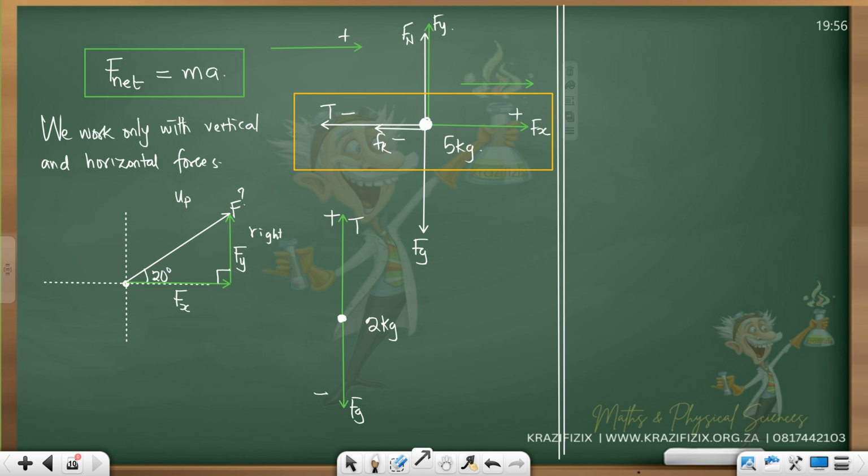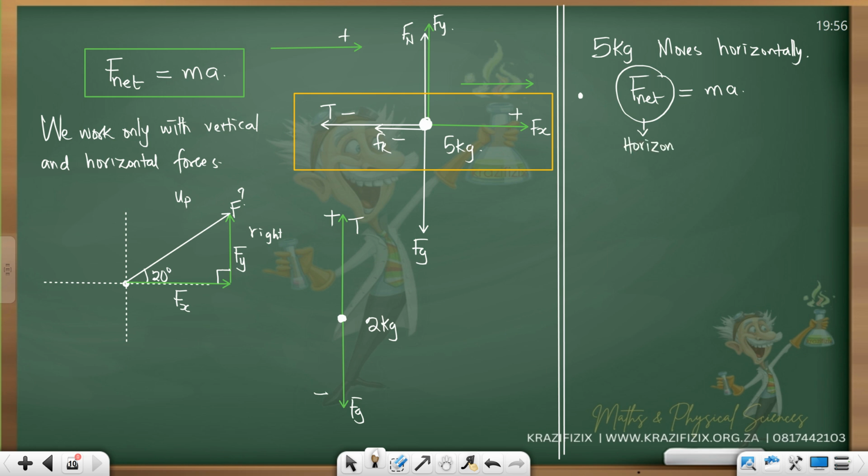Please listen to this. The 5 kg, if we understand this, calculation becomes very easy. It moves horizontally. I want to quickly tell you something. If I write F net is equal to MA, please watch. I will be using the horizontal forces.